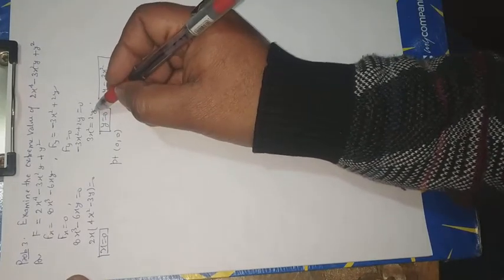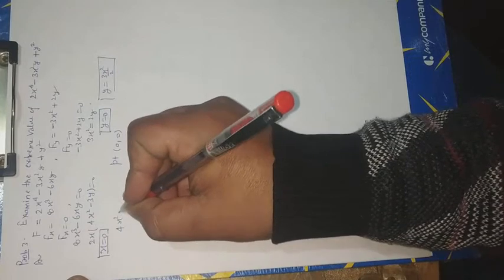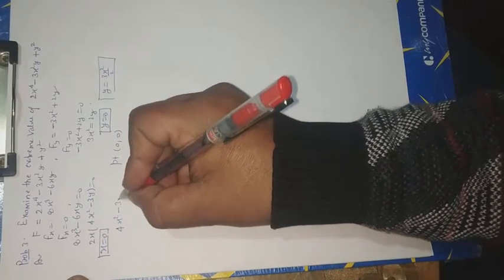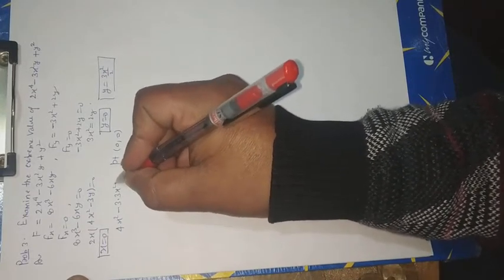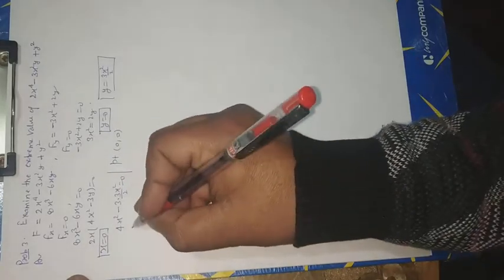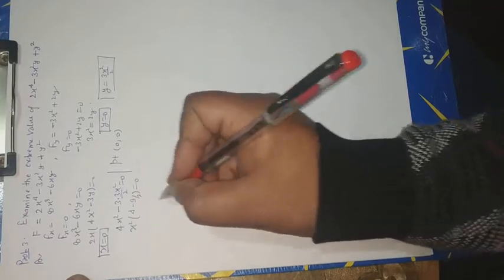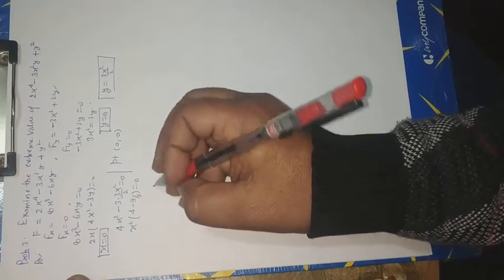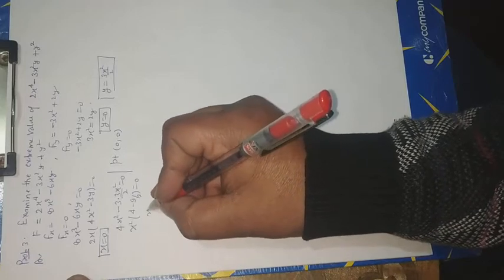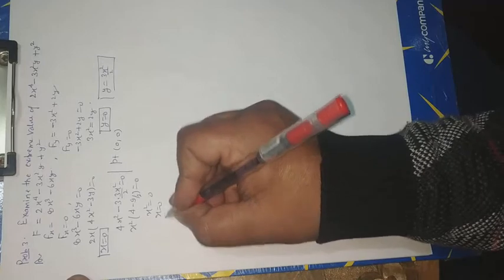Now putting the value of y here, 4x square minus 3 into 3x square by 2 is equal to 0. Now x square is common: (4 minus 9 by 2) x square is equal to 0, so x square is equal to 0. Now x is equal to 0.